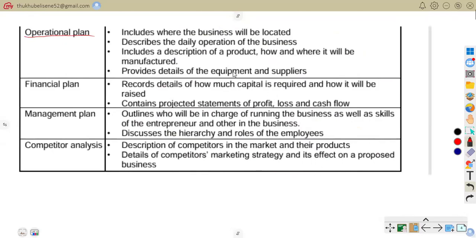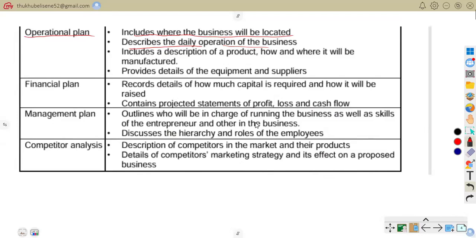Operational plan. So the operational plan includes where the business will be located. So it states the physical location of the business. That maybe a shop at the Gateway Mall. That is that. It describes the daily operation of the business.